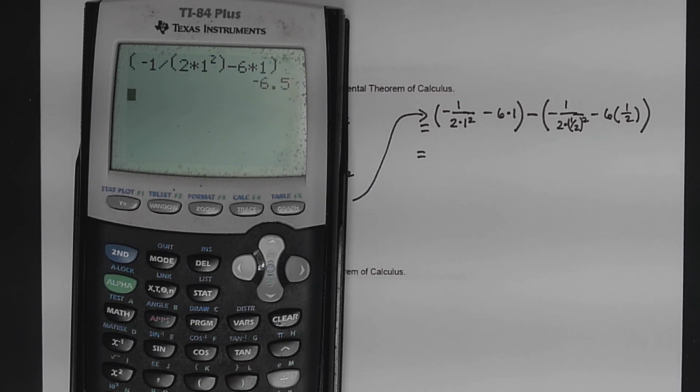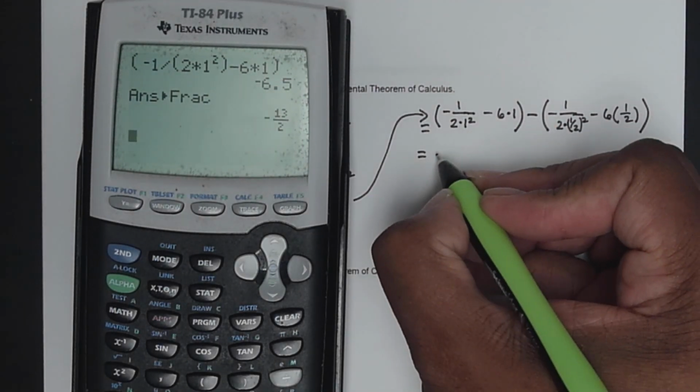Then I'm going to close the parentheses. That would be negative 6.5, but as a fraction, I'm going to say negative 13 over 2.